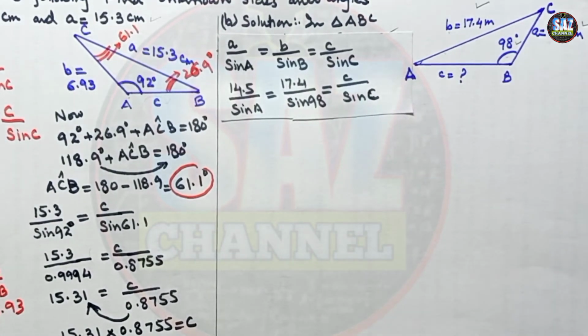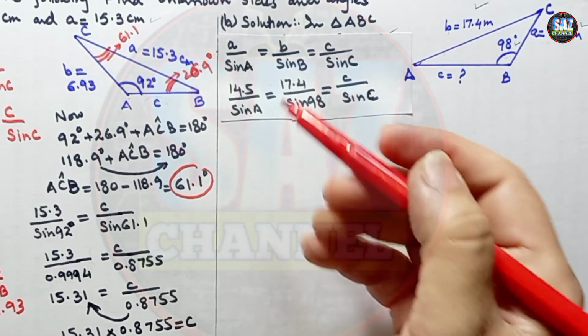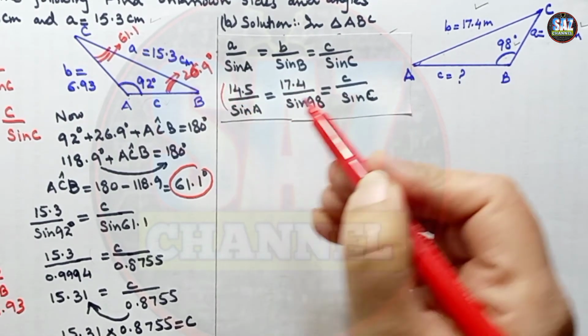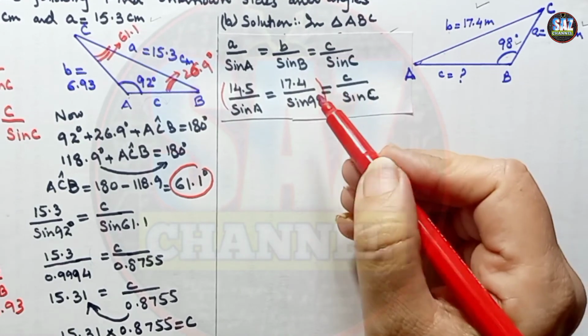So first of all, because we are just given one angle, we will try to find a second angle. For that, I will take this portion of the equation.